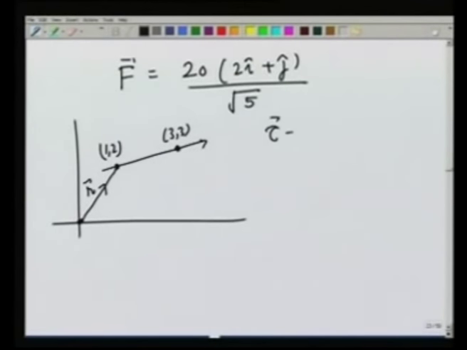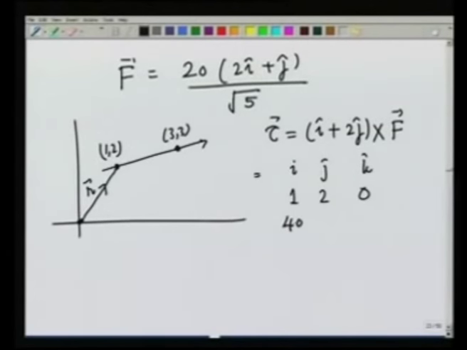So, this vector is going to be i plus 2j, and we are crossing it with F, which is the determinant with i j k, 1, 2, 0, and for the force 40 over root 5, 20 over root 5 and 0.